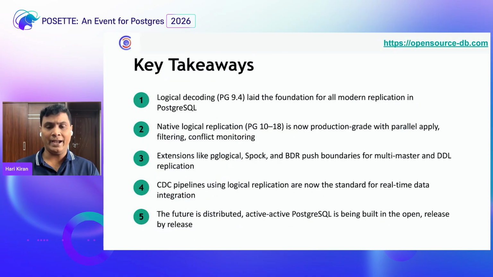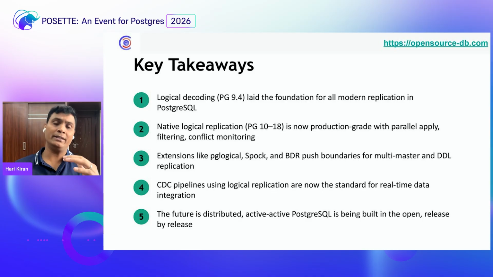Now, looking at the key takeaways, the five important ones. What I have here is logical decoding laid the foundation, native replication in PG10, and extensions like pglogical, Spock, and BDR pushed the boundaries.